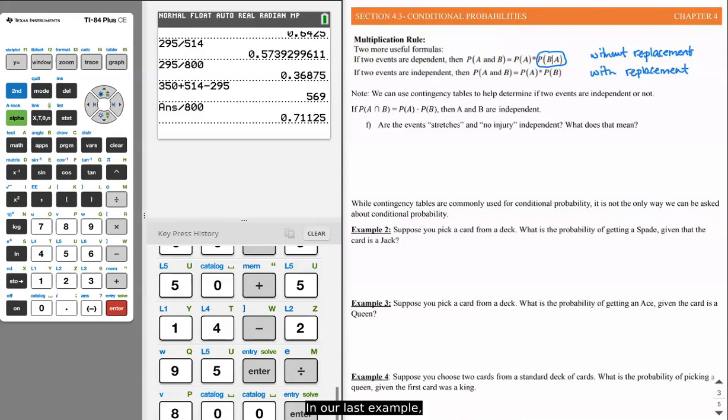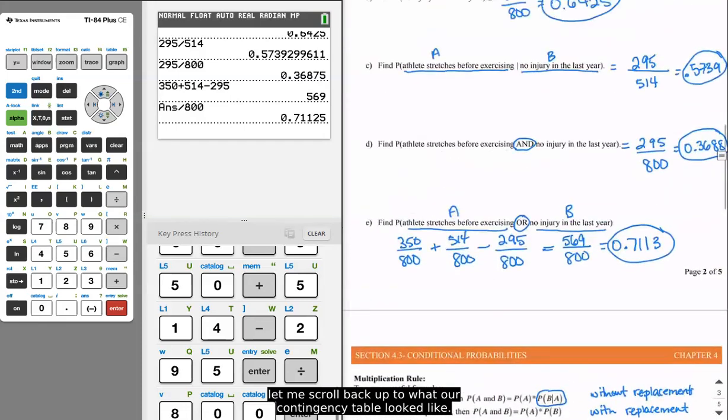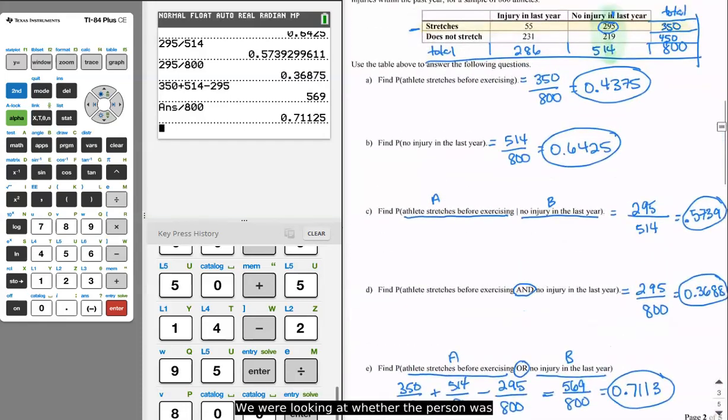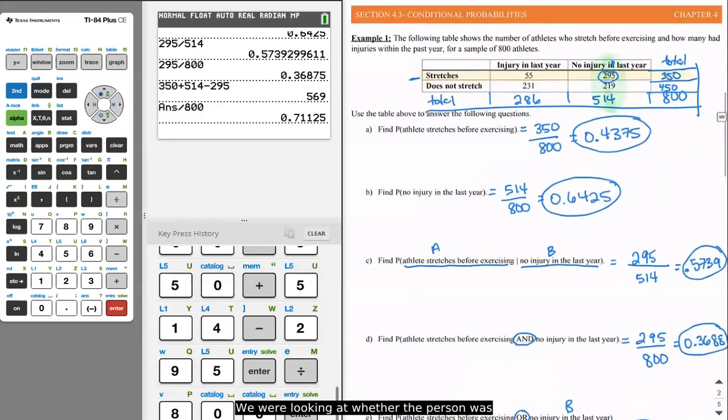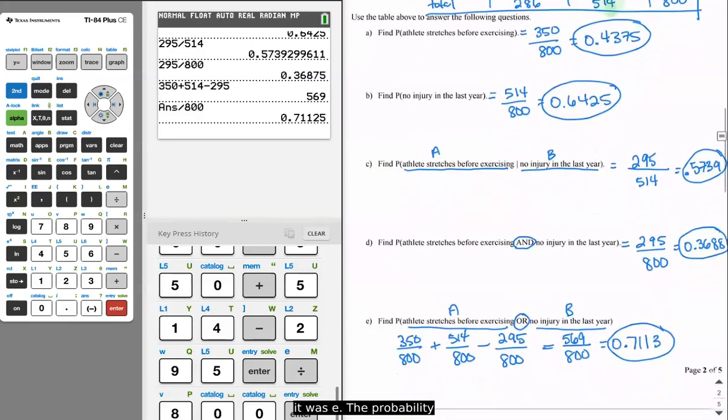So in our last example, let me scroll back up to what our contingency table looked like. We were looking at whether the person was injured or not injured last year and whether they stretched or didn't stretch. Our last question we looked at was E, the probability that athletes stretched before exercising or injury in the last year.